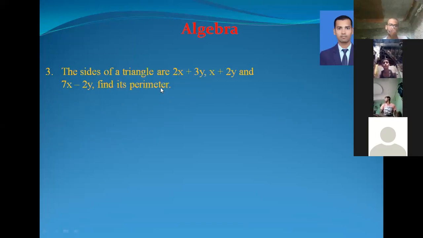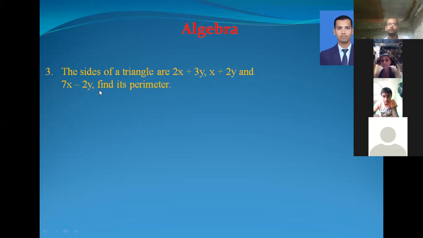And the third question that we have here, you can see the question is given to you on the screen: the sides of a triangle are 2x plus 3y, x plus 2y and 7x minus 2y.